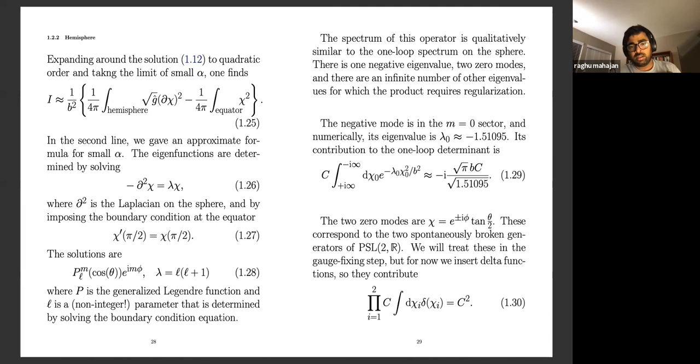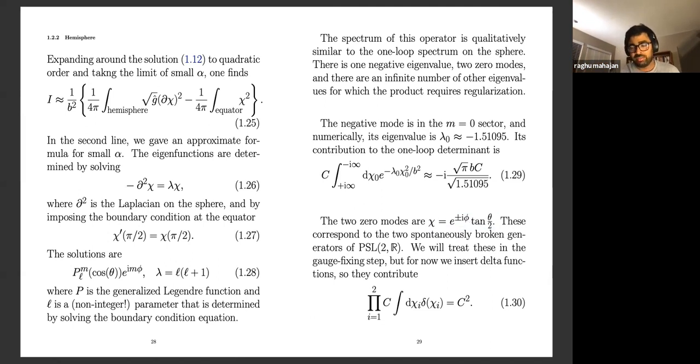It has one negative eigenvalue. It has 2 zero modes. The 2 zero modes are written here explicitly, e to the plus minus i phi tan theta over 2. And a note that you might think this is badly behaved at theta equal to pi, where it blows up, but the hemisphere goes only up to theta equal to pi over 2.